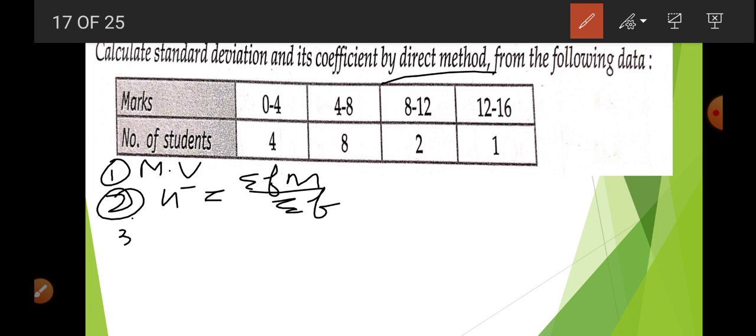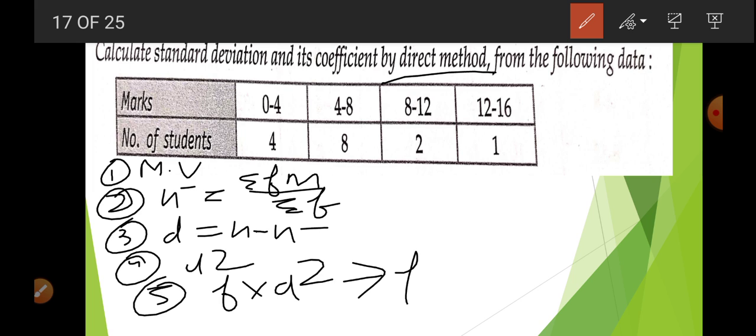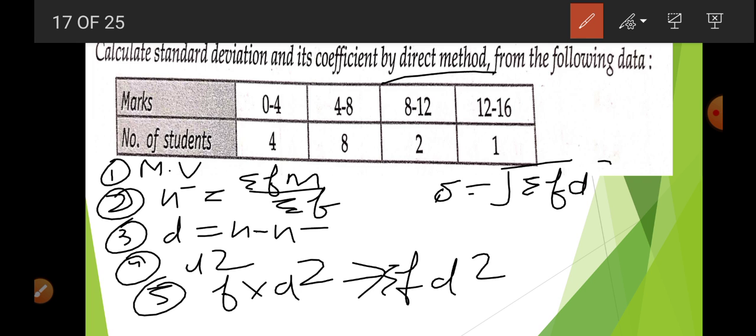Then you calculate d, that is x minus x bar. Fourth, do its square. Fifth, multiply by f, that is f multiplied by d square, and take its sum total, sigma fd square. And what is going to be the equation? Under root sigma fd square upon sigma f.